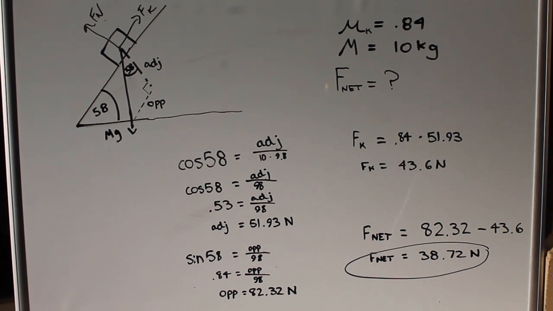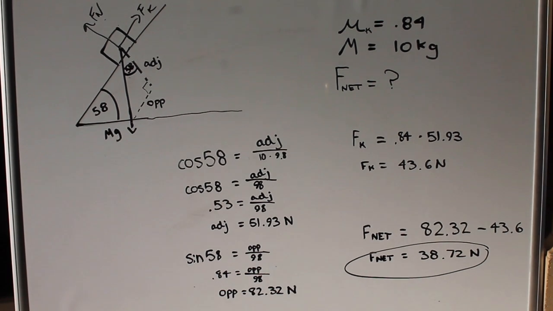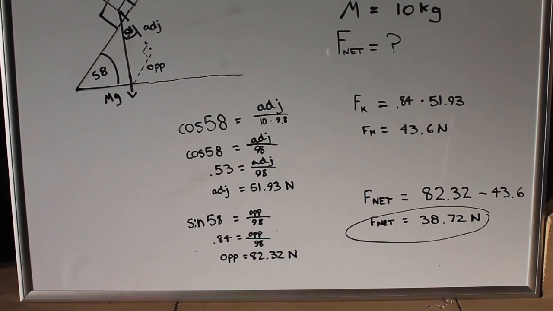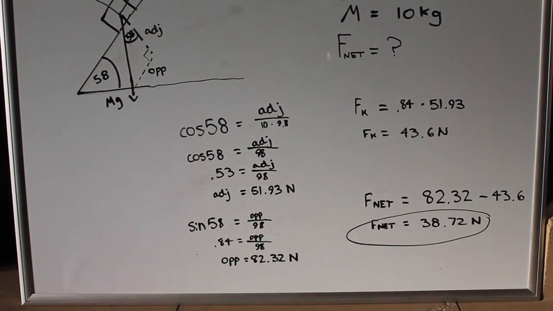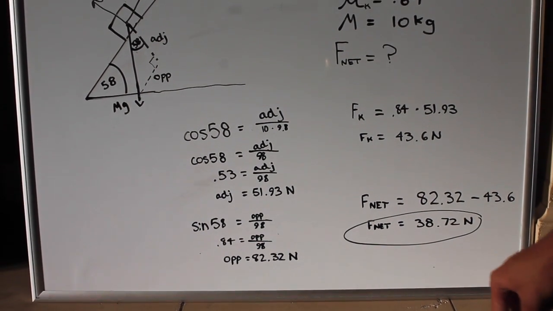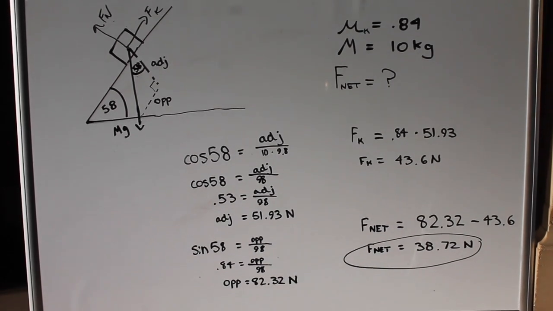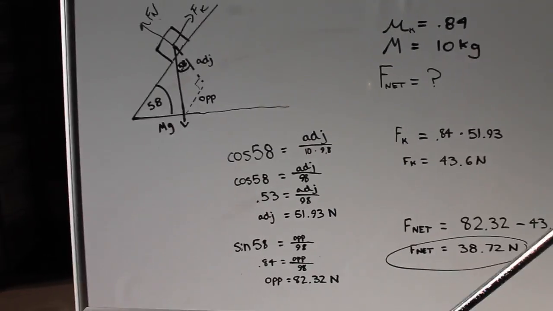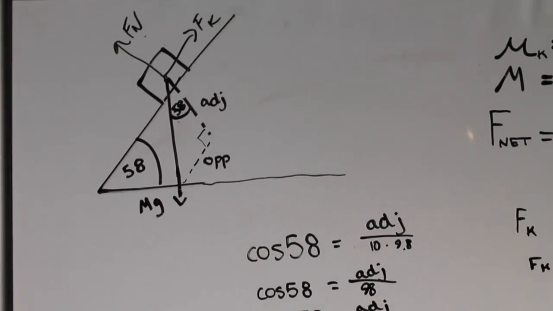So first what we want to do is solve for the friction force. And to find that, we're going to need the normal force. So what we're going to do is draw out our triangle as seen here and use some trig functions.